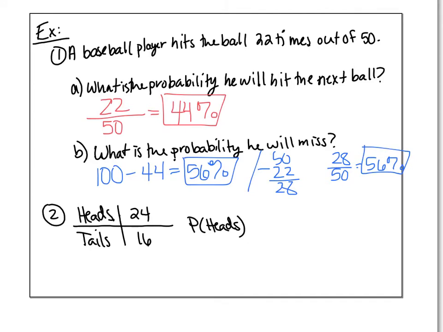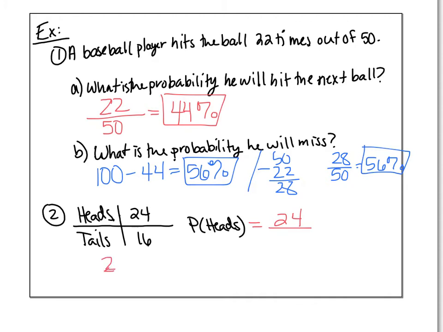Our second example of experimental probability here is with flipping a coin, heads versus tails. If we just did the actual probability, it would be a 50% chance, but now we've done this experiment and it's come up heads 24 times. Out of, that's our number of successes, out of, the bottom needs to be the total.